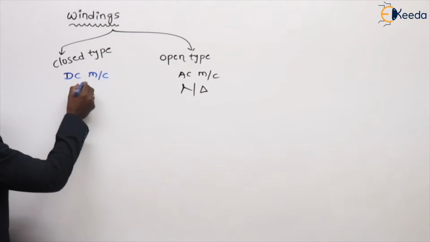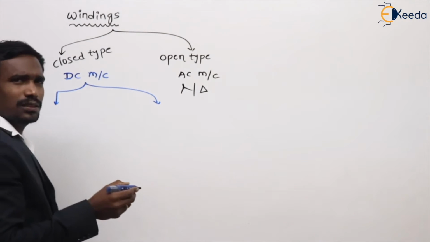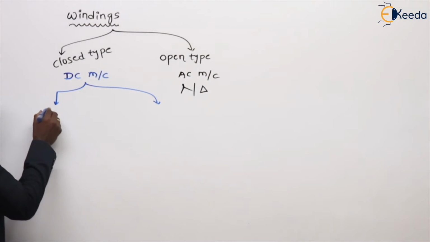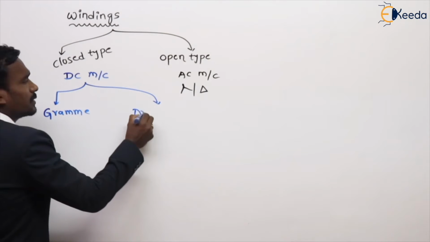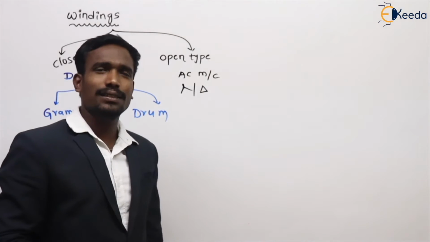What are those, sir? These closed type windings are again of two types. Your estimation is wrong. Those two types are Gramme type and drum type.